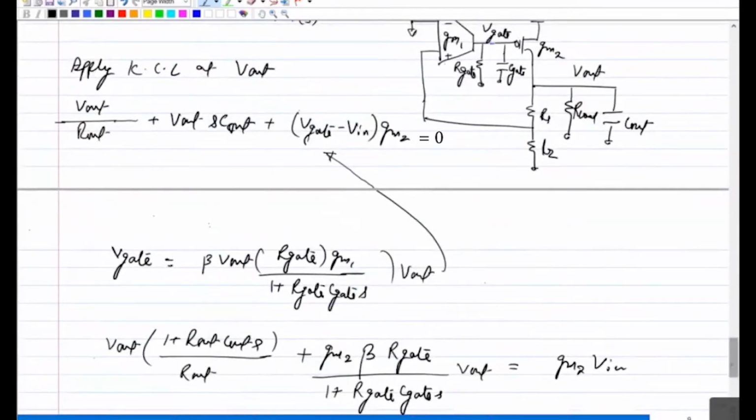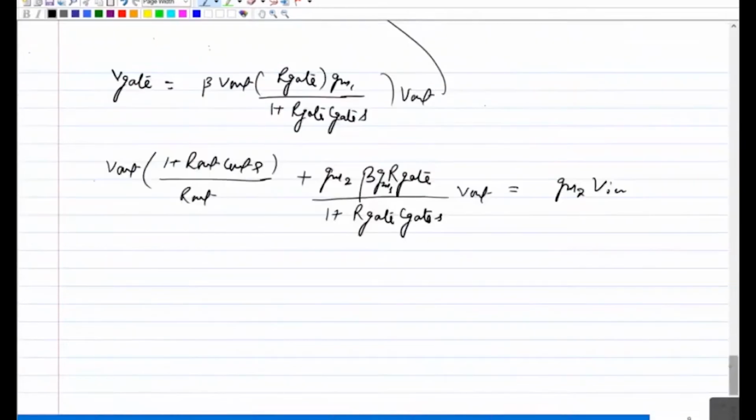Okay, so now you take V out common here. What I'll do is replace these with omega P gate and omega P out.